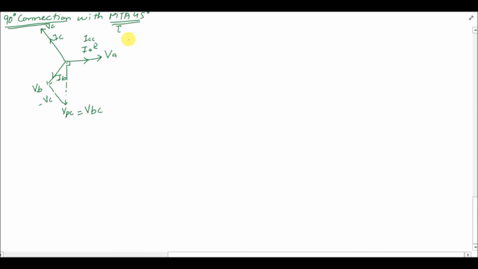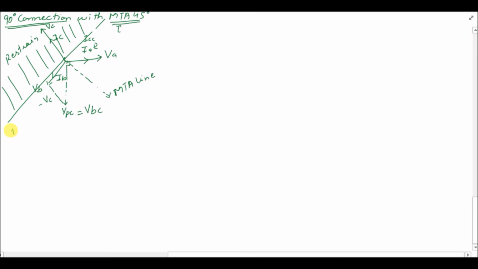And maximum torque angle is 45 degree. So this is your MTA line. So if this is your MTA line, then this will be your restraint region, and this will be the trip region.